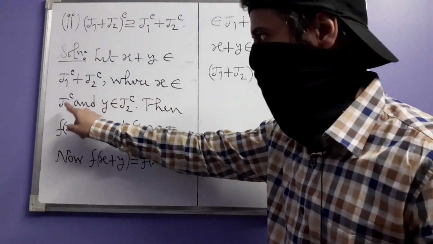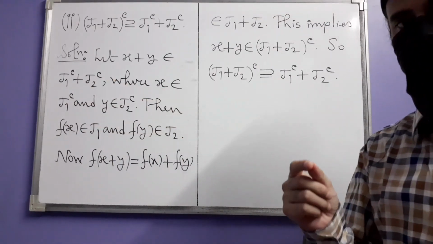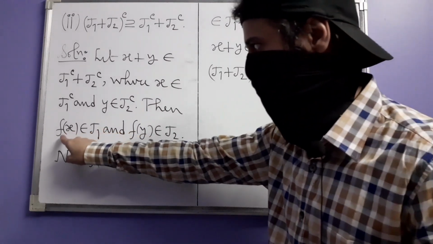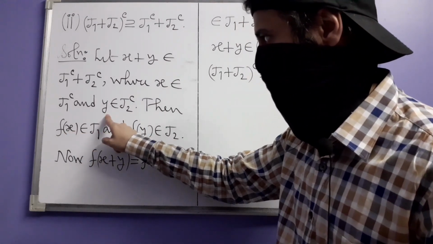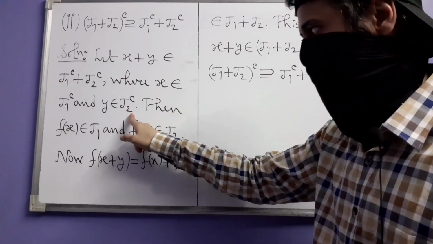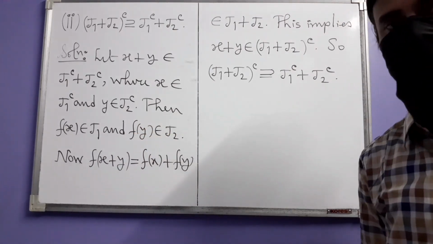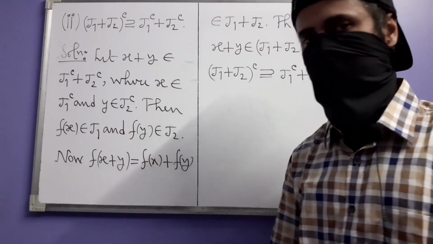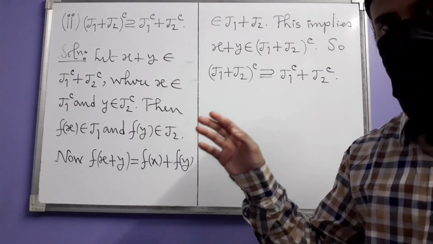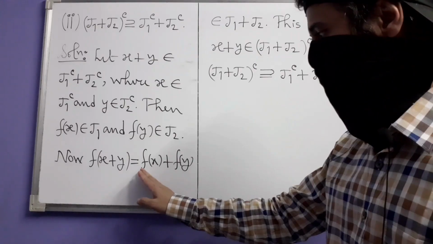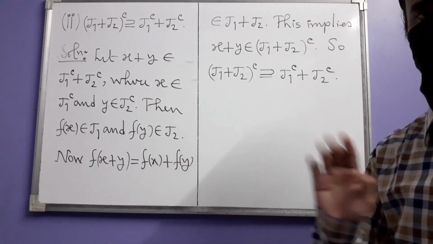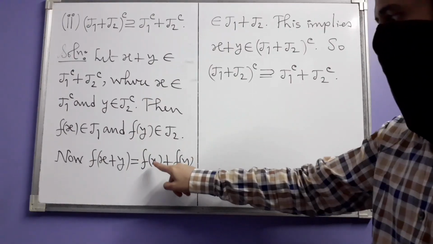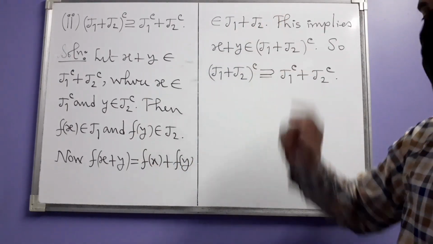So x belongs to f inverse of J1 means f of x would belong to J1 by the definition of inverse image. So that's how we get this. Similarly, y being in f inverse of J2 means f of y belongs to J2. And then we calculate the f value of the sum of x and y. Because f is a homomorphism, it respects addition, so that is f of x plus f of y. And this belongs to J1 and this belongs to J2, so their sum belongs to the sum of J1 and J2.